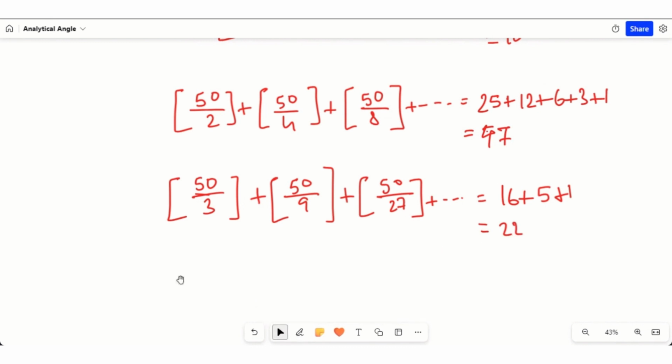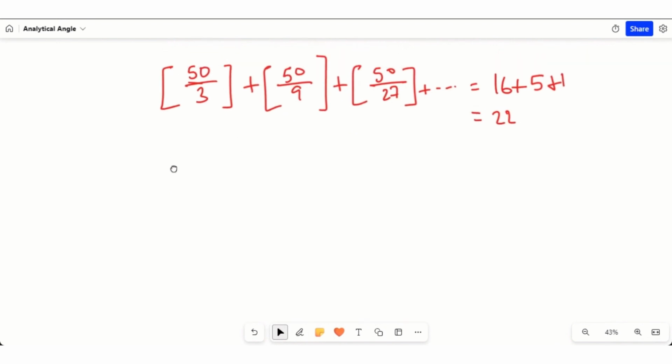So in the final thing, that is 50 factorial by 25 factorial into 25 factorial, the powers of 2 and 3 are going to be 2 to the power 47 minus 2 into 22, and for 3 it is going to be 3 to the power 22 minus 2 into 10.